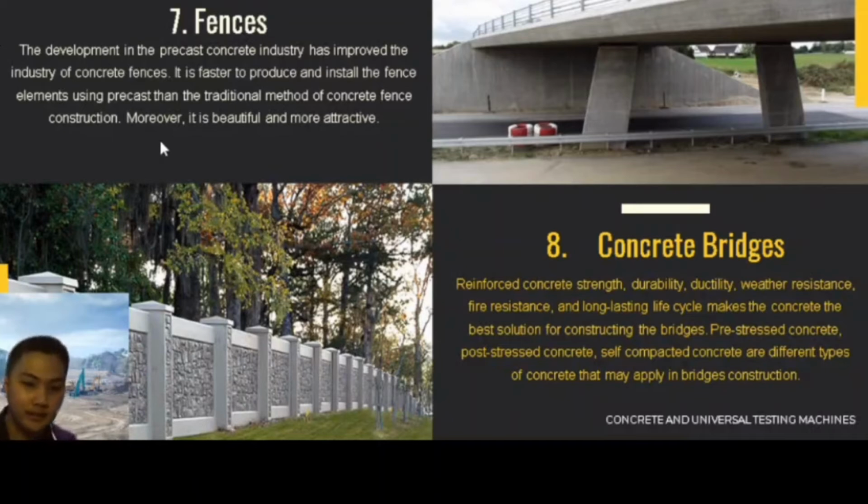Ayan, ang ginamit namin na image, which nagre-represent ng concrete na ginagamit natin sa mga fences. Una, yung fences natin, syempre may mga post yan, or pwede namang wala. Basta ang ginagamit lang natin para sa mga matitibay na fences or yung mga bakod ay concrete.